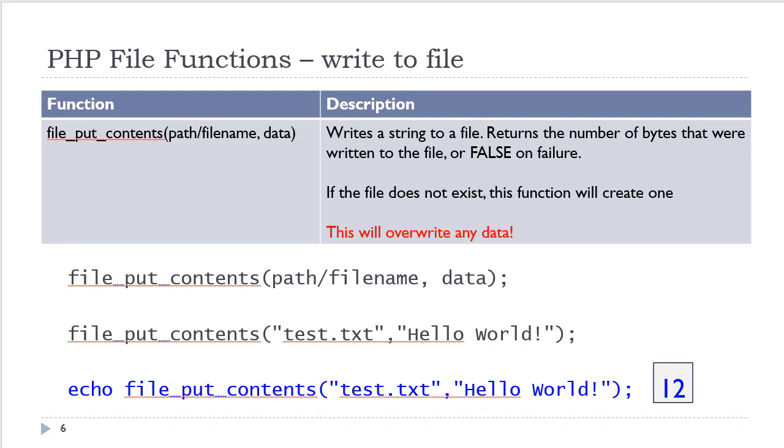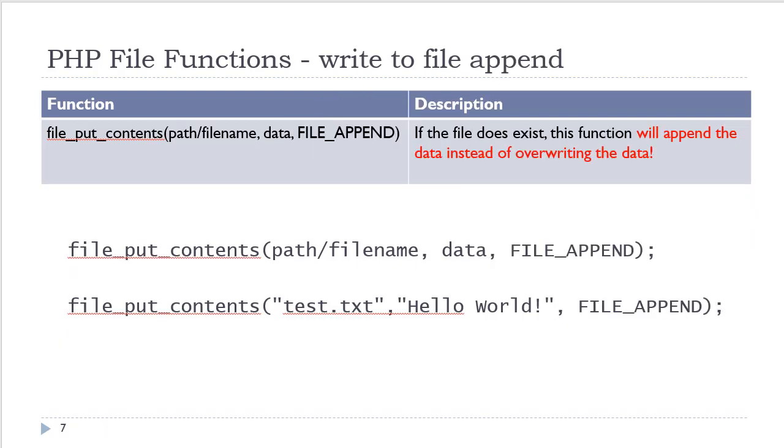Be aware that if data already exists, the data will be overwritten. If you were to use an echo statement with this function, it would return the number of bytes that were written to the file.